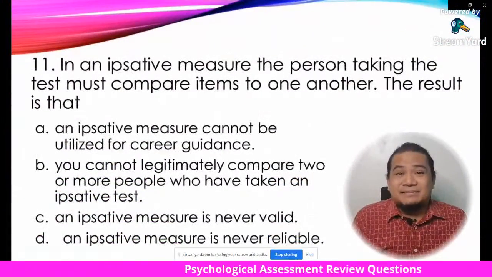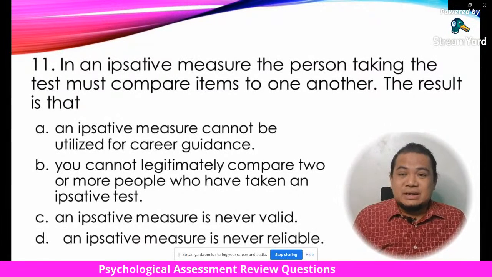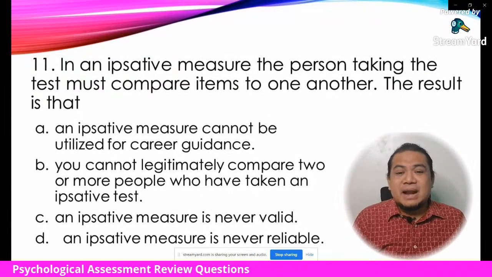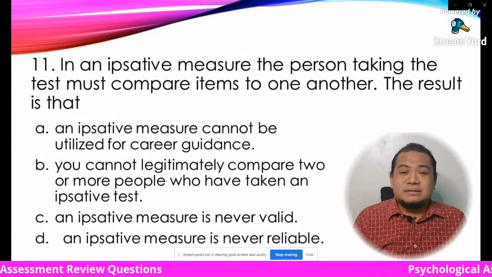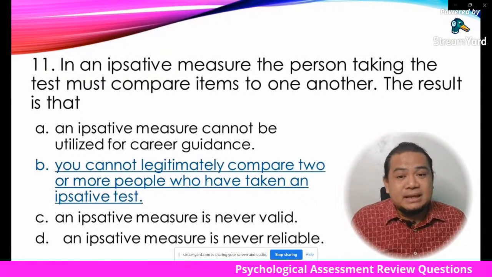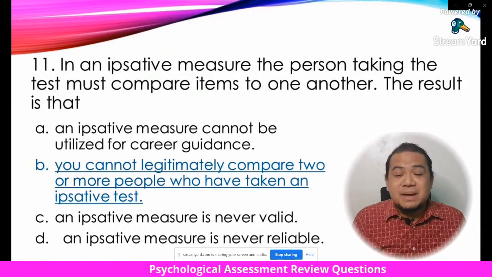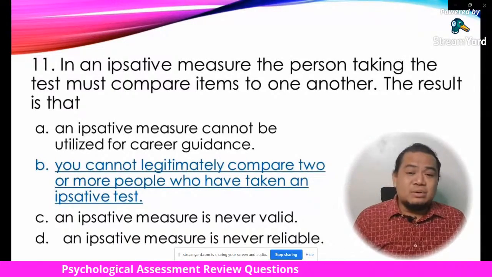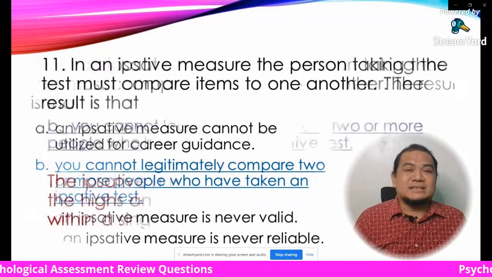Number 11. In an ipsative measure, the person taking the test must compare items to one another. The result is that the answer is letter B. You cannot legitimately compare two or more people who have taken an ipsative test.